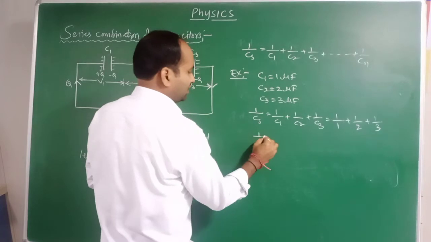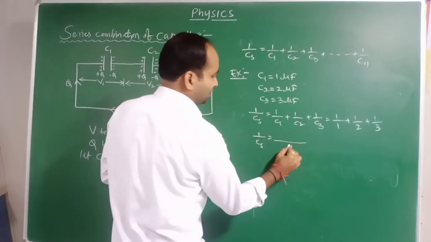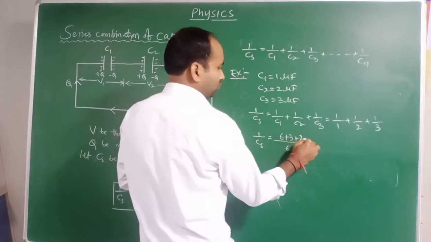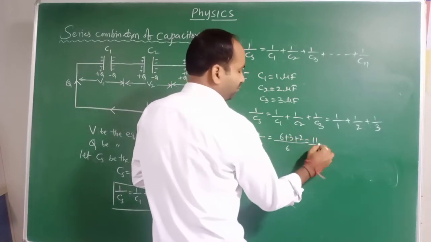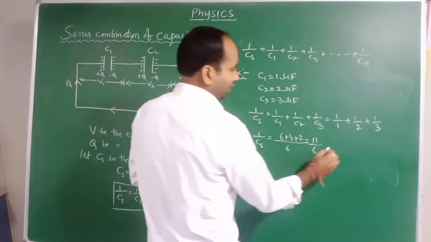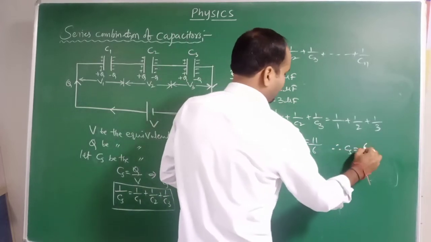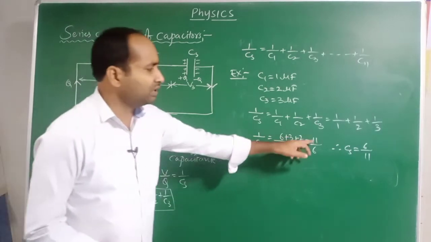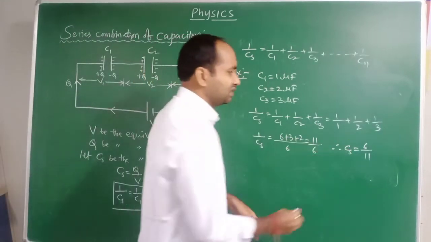Here the LCM is 6, so 1 by Cs is equal to 6 plus 3 plus 2, that is 11 by 6. Therefore Cs is 6 by 11, which is less than 1.